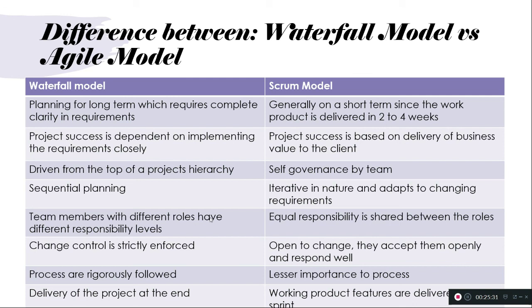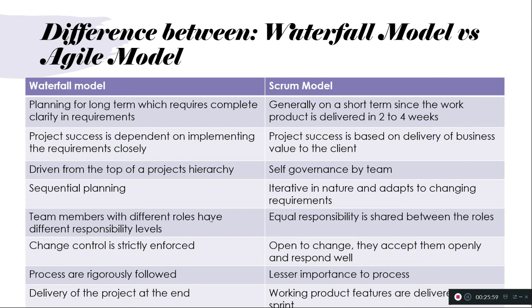We can see the output at the end of the 4th week. Here project success depends on implementing the requirements closely. So requirement gathering, finalizing the requirements, reviewing and getting the sign off from the client is very important. That is the main success factor for the waterfall model.